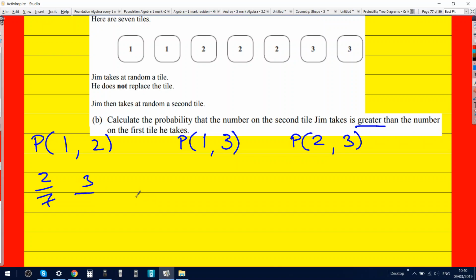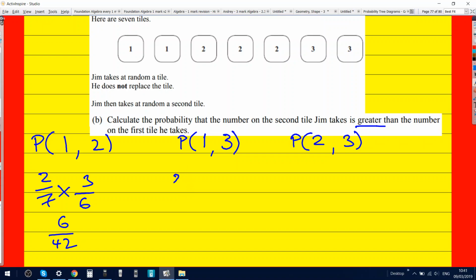Oh, sorry, 3 over 5. Not over 5, that'd be if you took 2 tiles. Oh, so we're taking 1 tile, so it'd be 3 over 6. Yeah. So you times those together to get 6 over 42. Yeah. Go on.